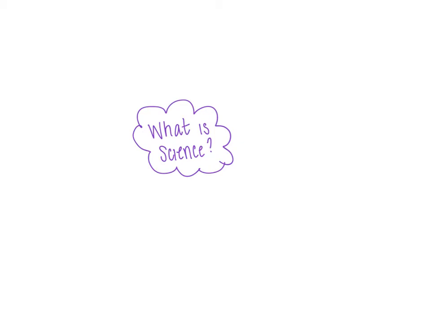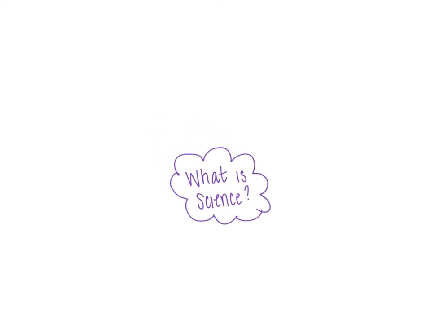So you should have already done the class discussion over what science is. That should be getting you thinking about what science is. And so today I'm going to share with you how I classify science. So to me, science has three big parts that are going to combine.